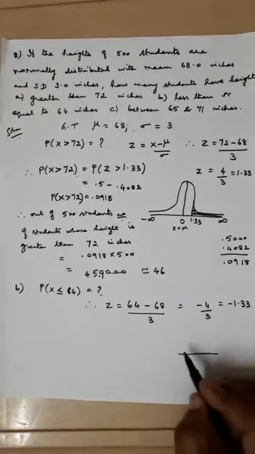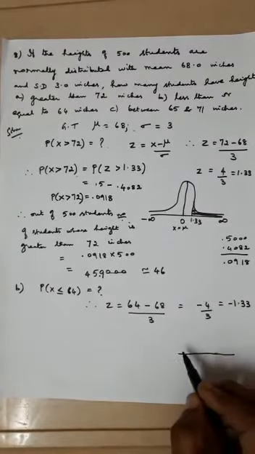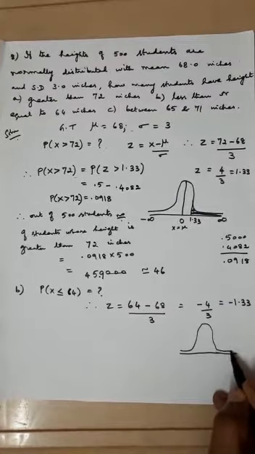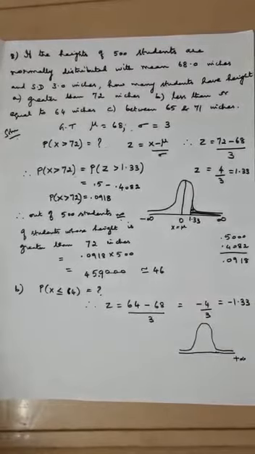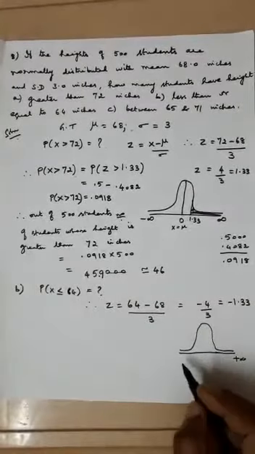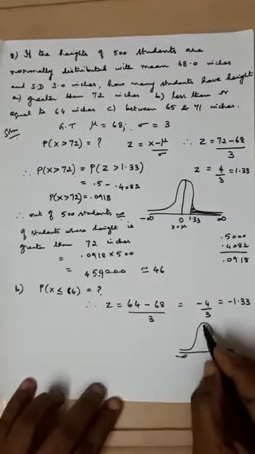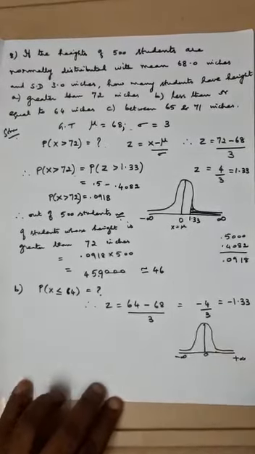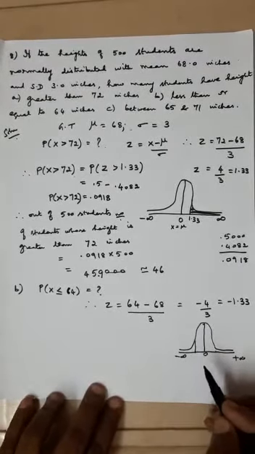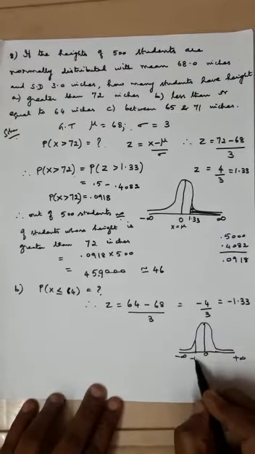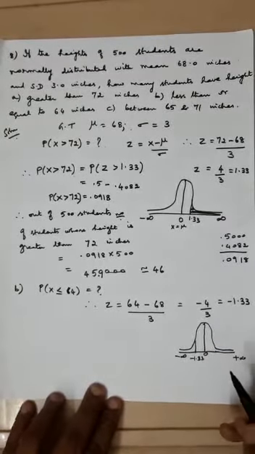Now consider the normal curve where you have plus infinity to the right and minus infinity to the left, and 0 is here in the middle. Now minus 1.33 will be to the left, on the negative side. So this is your minus 1.33. Is that okay?